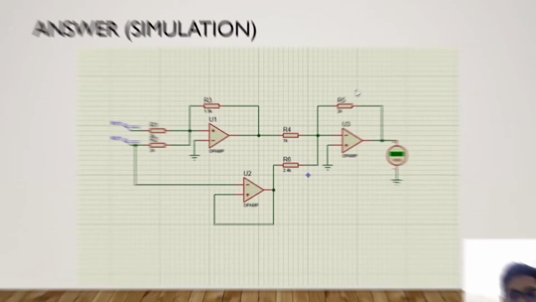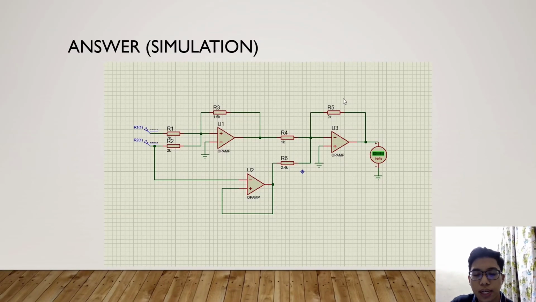Alright, this is the answer for the simulation of the circuit, as we wanted to know whether the calculation is correct or not. Configure the circuit as shown in figure Q4. In this circuit, we are using op-amps. We configure the resistors as 2k, 2k, 1.5k, 2.4k, 1k, and 2k.